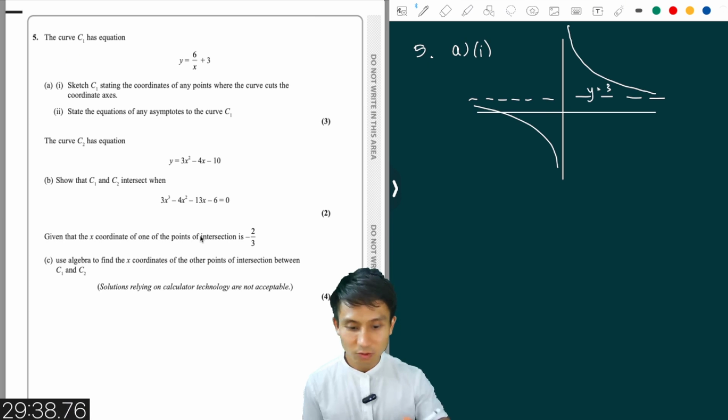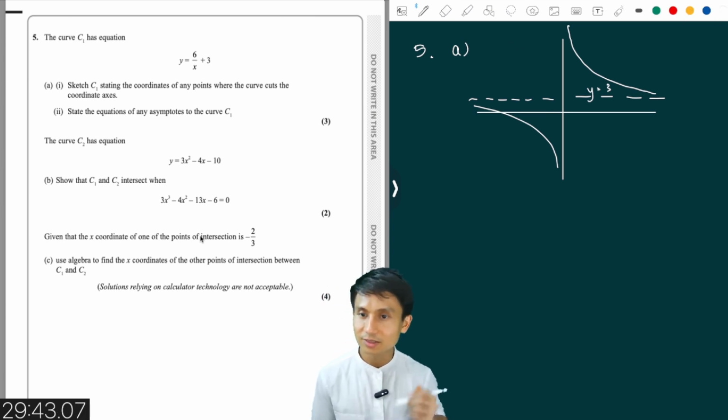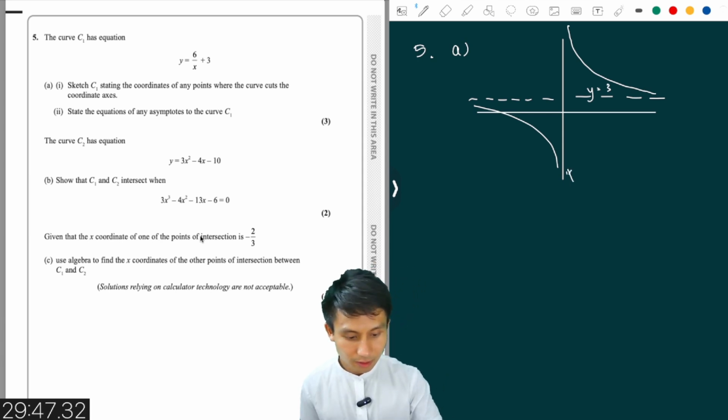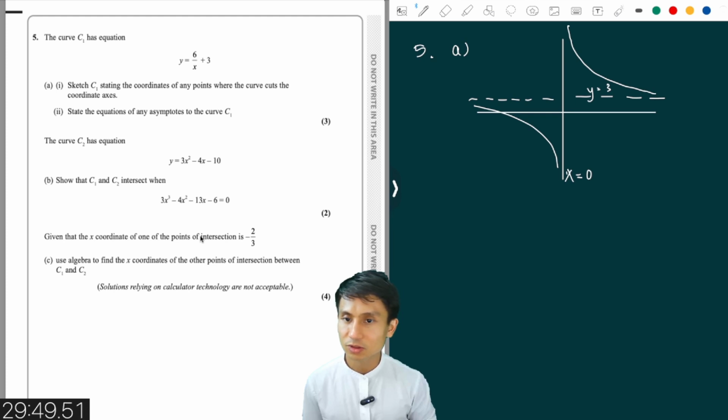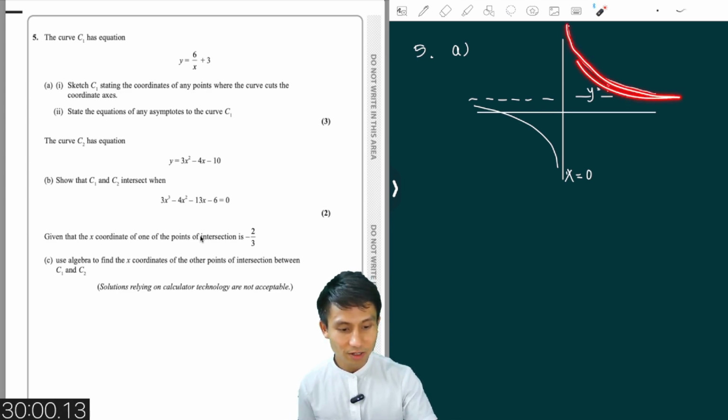So we have to state the equations of the asymptotes. Let's wrap everything into part A here because it's the same curve. And then the other one is x equals 0 as the asymptotes. And then we need to give the coordinates of the points where it cuts the coordinate axes. It doesn't cut anywhere here, right?